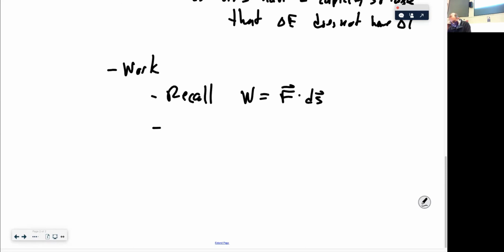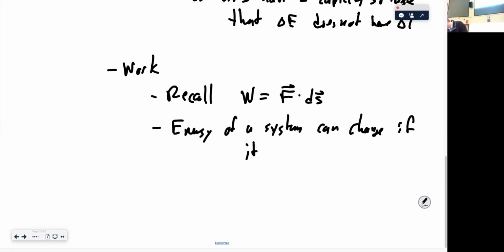Energy of a system can change if its volume increases or decreases. Goes up or down. Okay, now this is where you have to turn off your Analyte 1 brain a little bit.